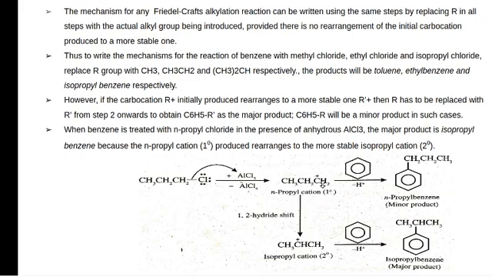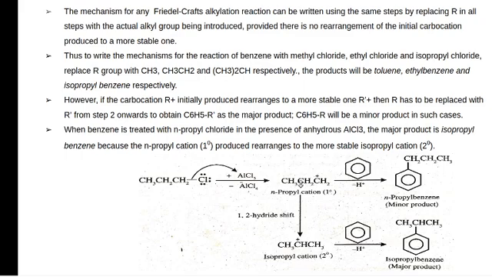There are two possibilities. This carbocation can react with the benzene and can form the normal propyl benzene. This is the minor product, because there is a chance for this carbocation to rearrange to a more stable carbocation. This is a primary carbocation which can rearrange to a more stable secondary carbocation, that is isopropyl carbocation.